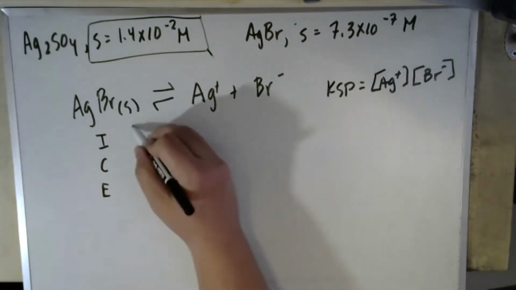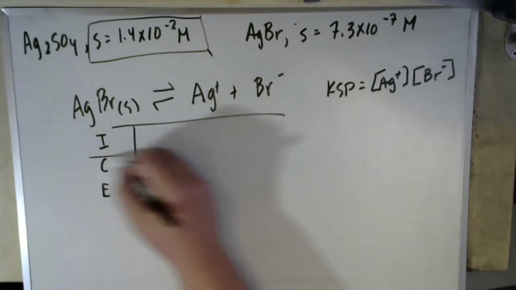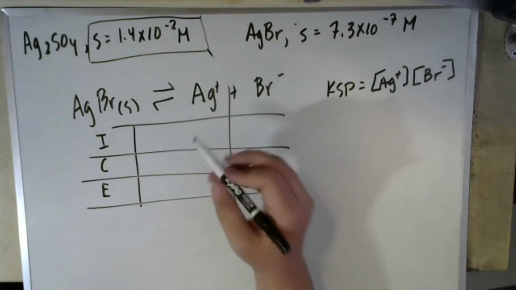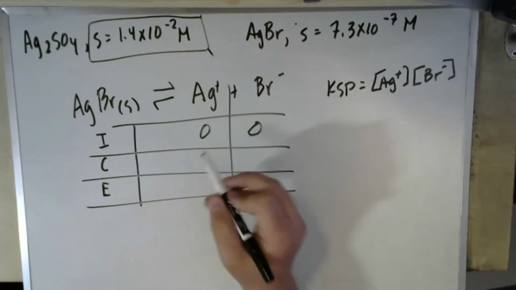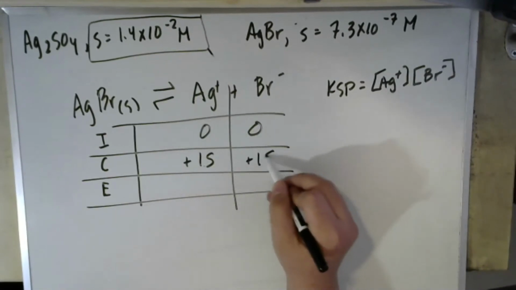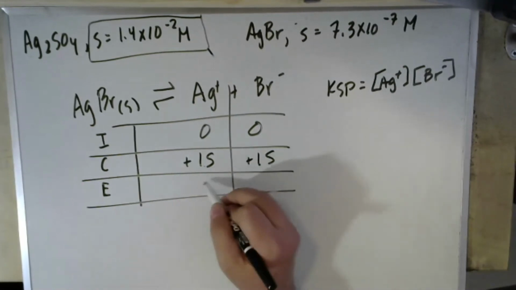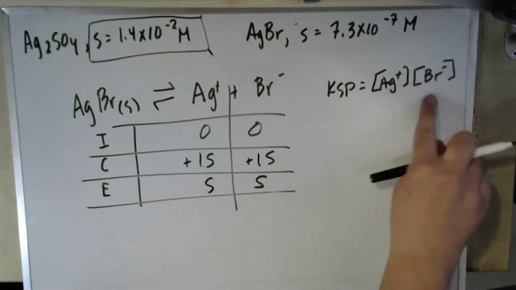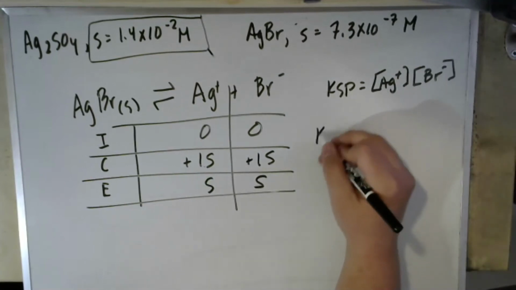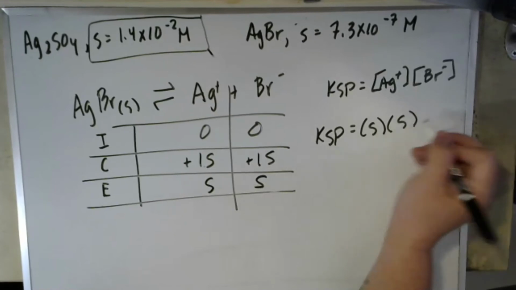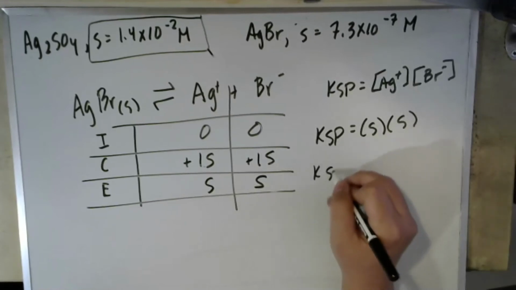Make up our ICE table. Okay, zeros there. This is going to be plus 1s for the silver, plus 1s for the bromide. So we're just going to be plugging s's in here for each one of these. So we have s times s, or just s squared.